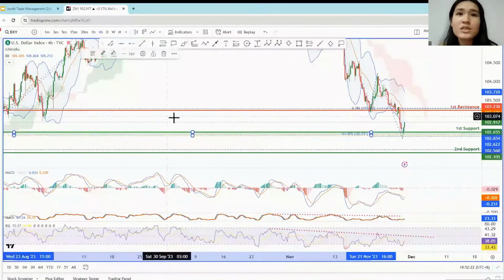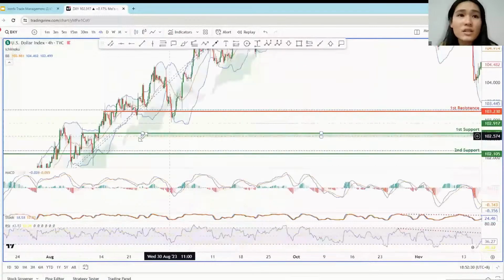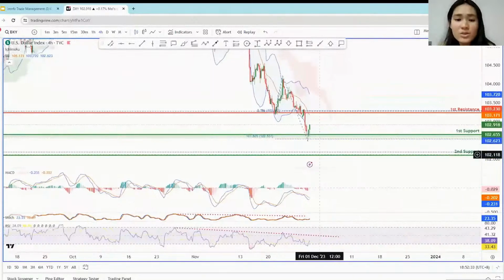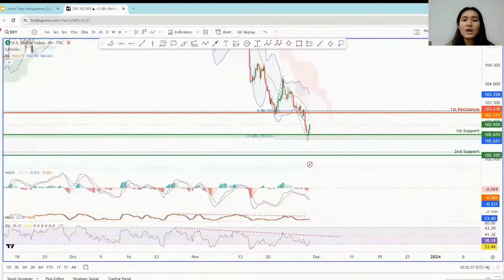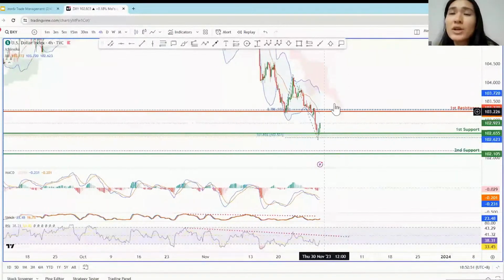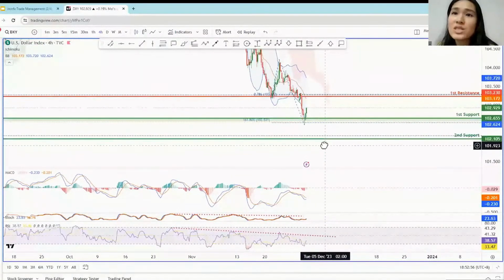And in this case, we have two Fibonacci levels, which means that it's a confluence area, which typically would have a bit of resistance in that area. So we are seeing price bounce off of this level. But because of all the downward pressure, we would expect it to continue downwards towards our second support.